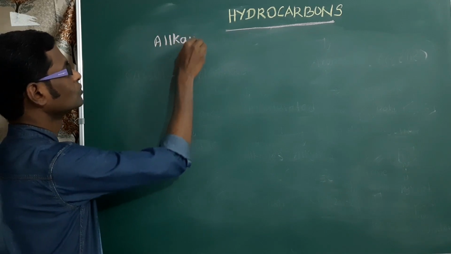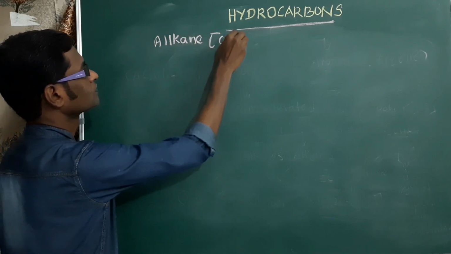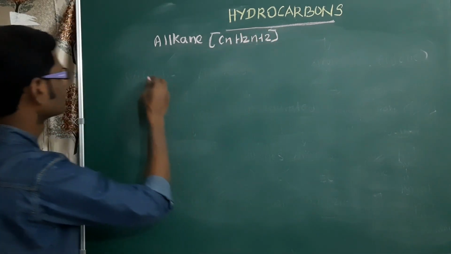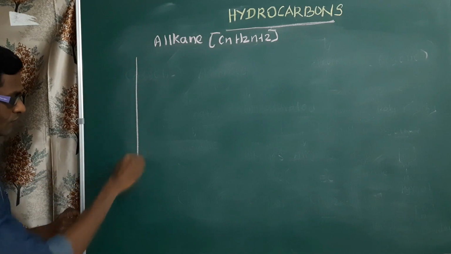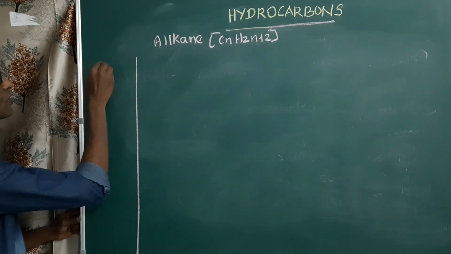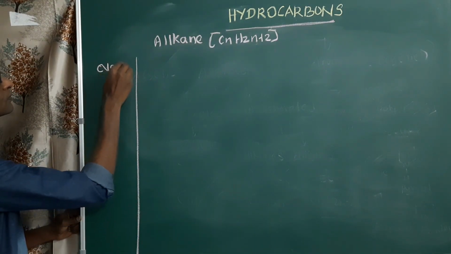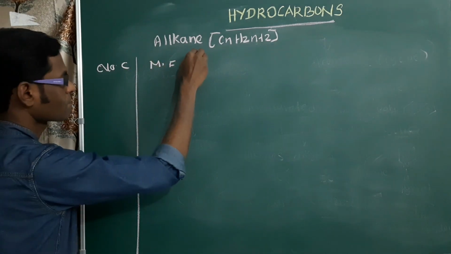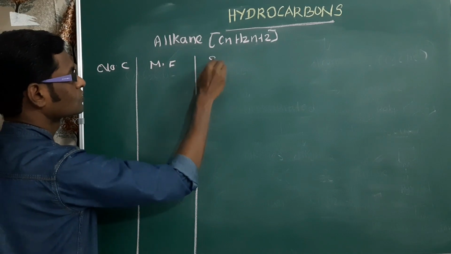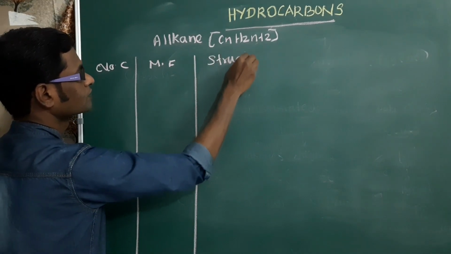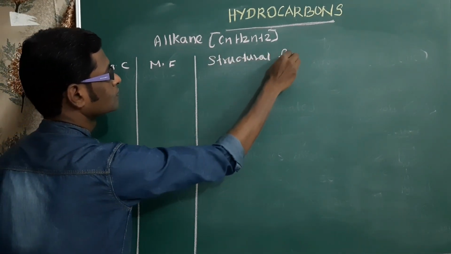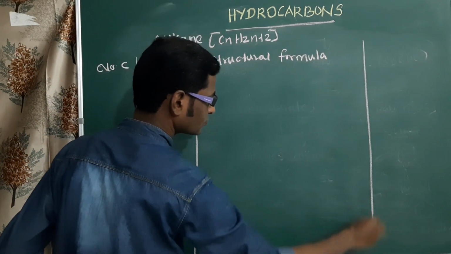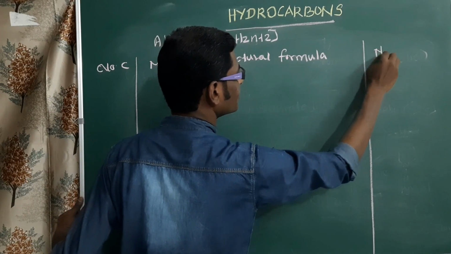CnH2n+2. Write the number of carbon atoms, molecular formula, structural formula, IUPAC name.